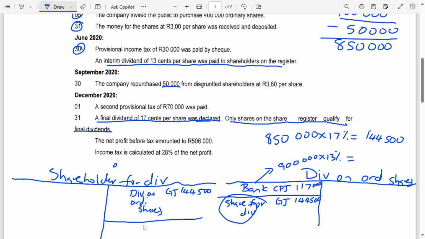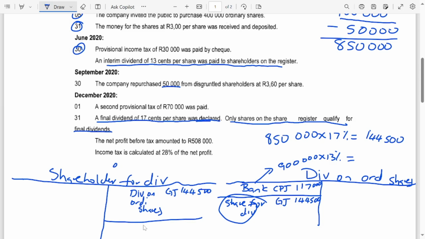Now, I want you to note this and listen carefully. At the beginning of the following year, before the business pays other dividends, the business must first pay these dividends of 144,500.